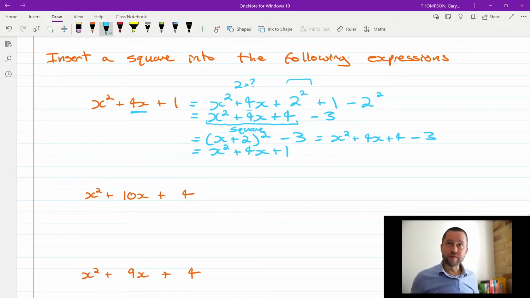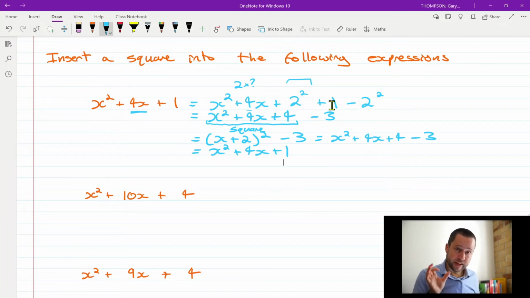Let's walk through what I just did. I had the original expression. I then modified it by adding an extra term that will give me a square. The term I added was 2 squared. I chose 2 squared because it was half of 4, which is what I needed to create a squared expression.